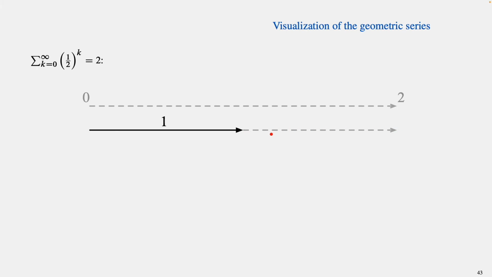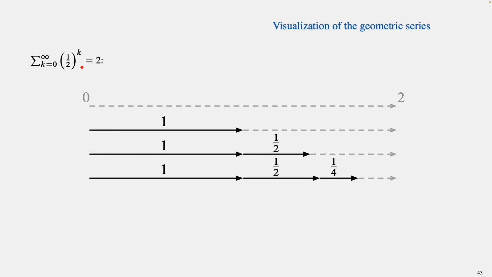So with all the remaining summands, I still need to get a full total of 1 to reach the number 2. But the next summand gives me 1/2, 1/2 to the power of 1. So it gives me only 1/2 of the distance I need to cover to get to the number 2. Okay, so what's left now is 1/2.